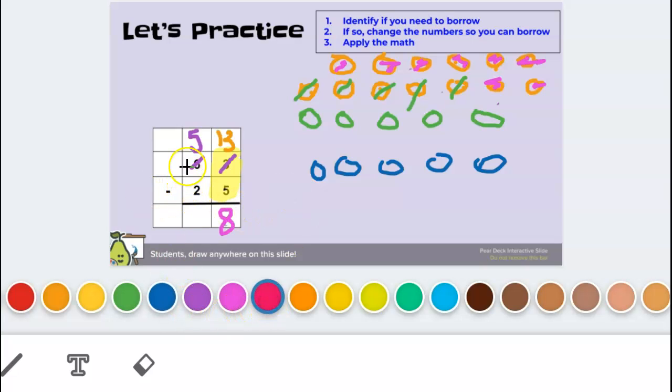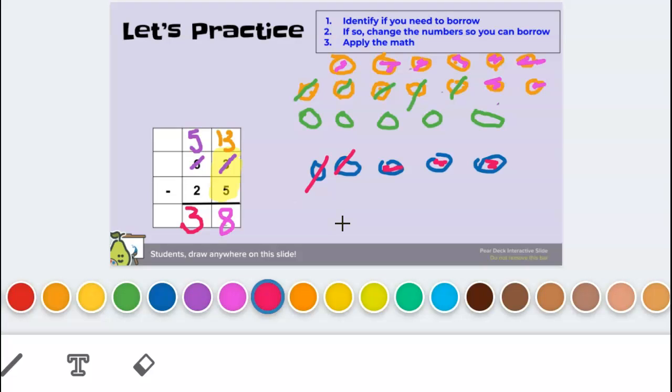So we're going to take away 2 because this 5 is bigger than this 2, right? We can actually get 2 pizzas out of 5. So we're going to take away 1, 2. So how many do we have left? 1, 2, 3. So that's 38.